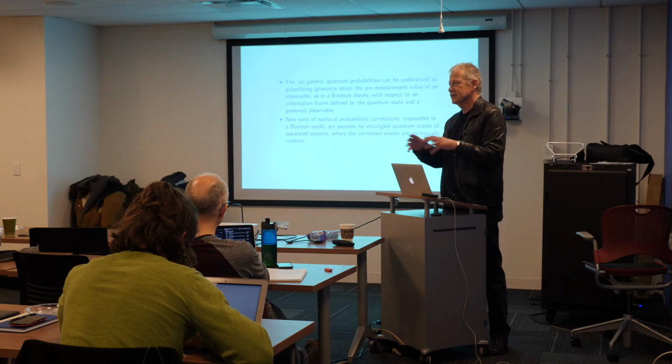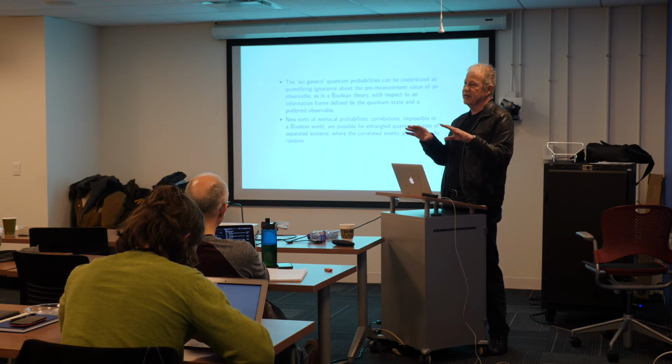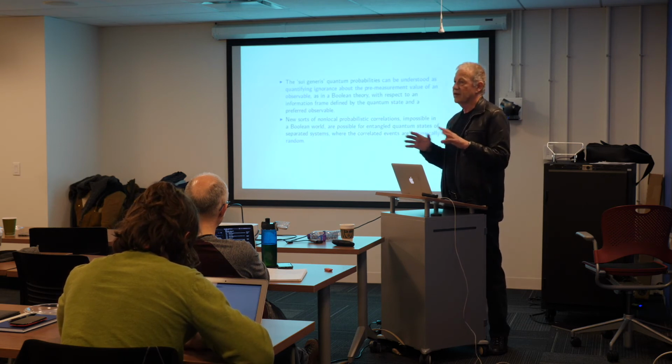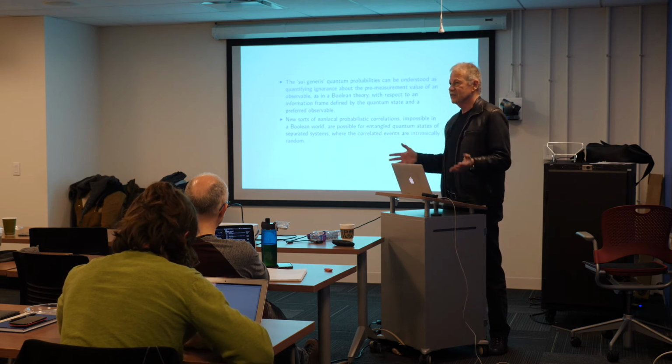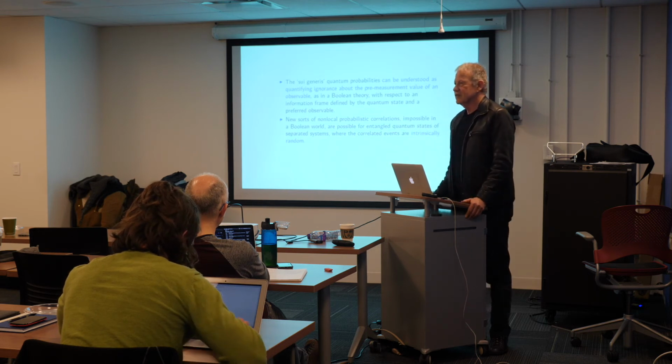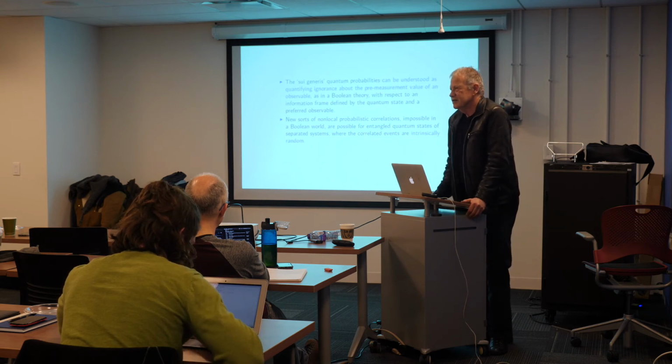I'm not sure how to fit this into the framework, because what I would want to say is that if this information frame structure were embeddable in general into Boolean algebras, then that clearly would be a hidden variable kind of account, because you would say these probabilities are just representing ignorance about the ontic stuff that can be represented in the Boolean algebra into which I can embed everything. But given the non-embeddability, I don't know quite what to say.